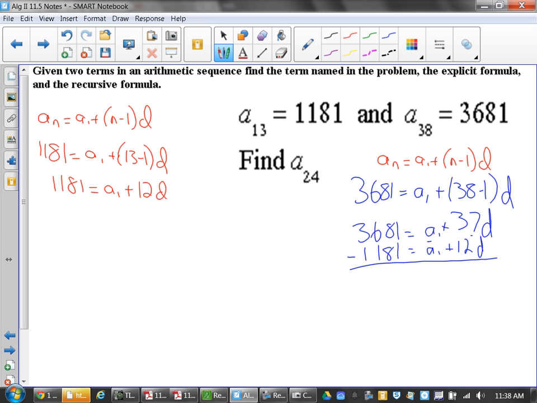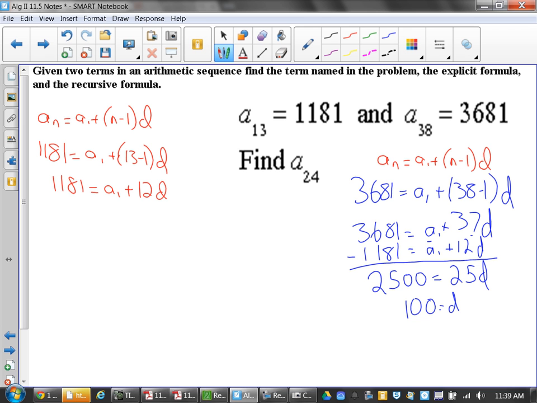When I subtract that all out, you might be pleasantly surprised. What's your D? Maybe possibly 100. So our difference in this case is 100.